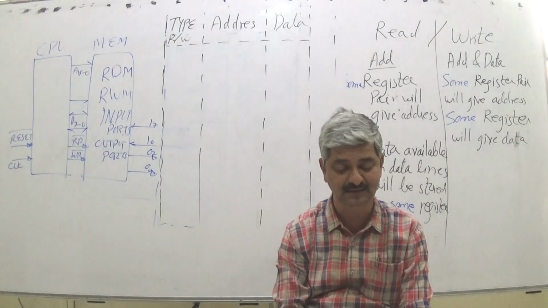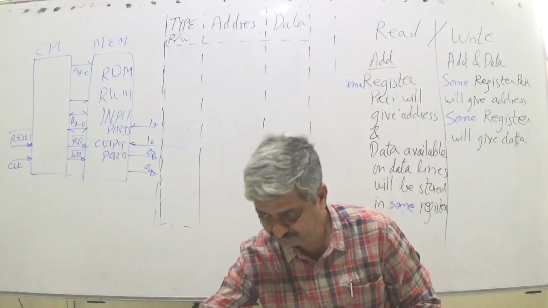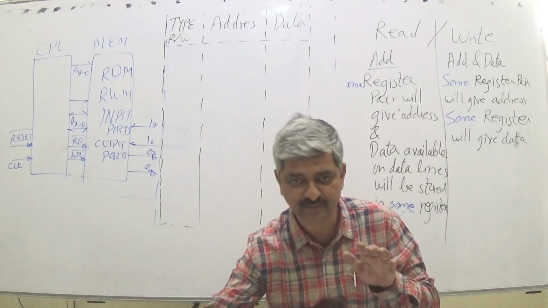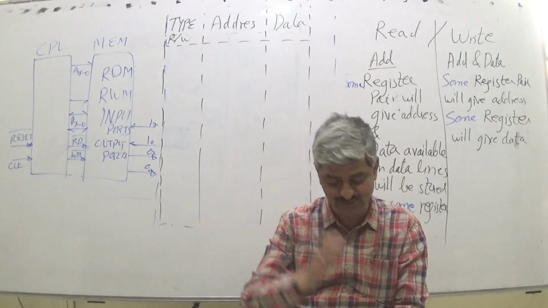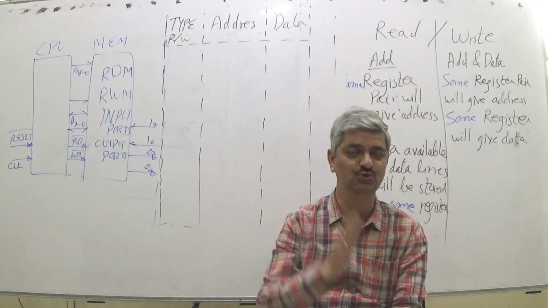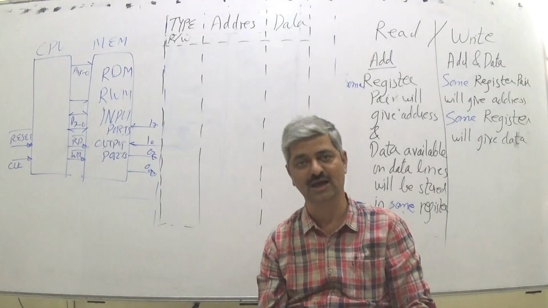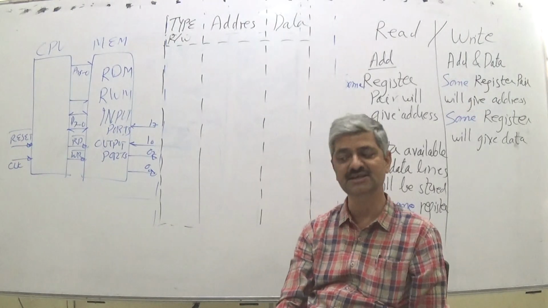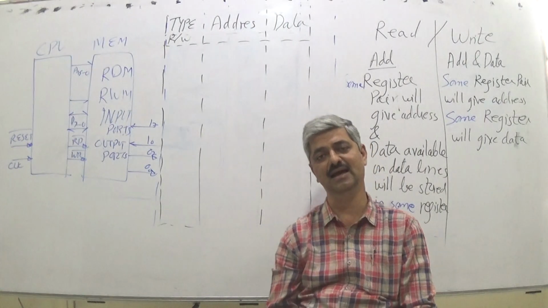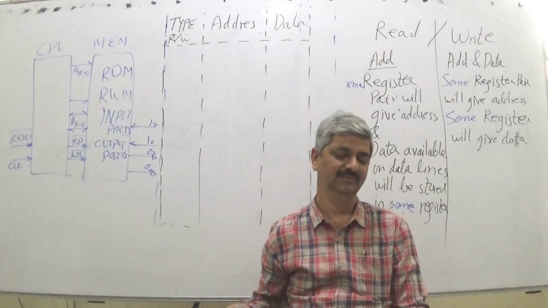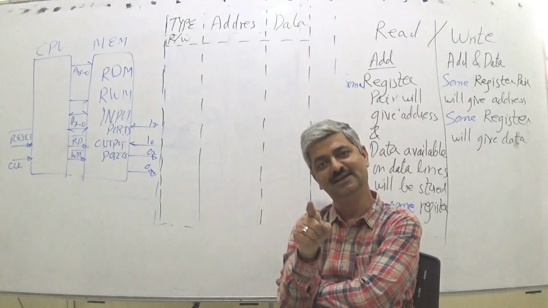If it is a write cycle, the microprocessor has to give the address, and also the data. Both are to be given by the microprocessor. If it is a read cycle, the microprocessor only gives the address, and data will be made available to it.